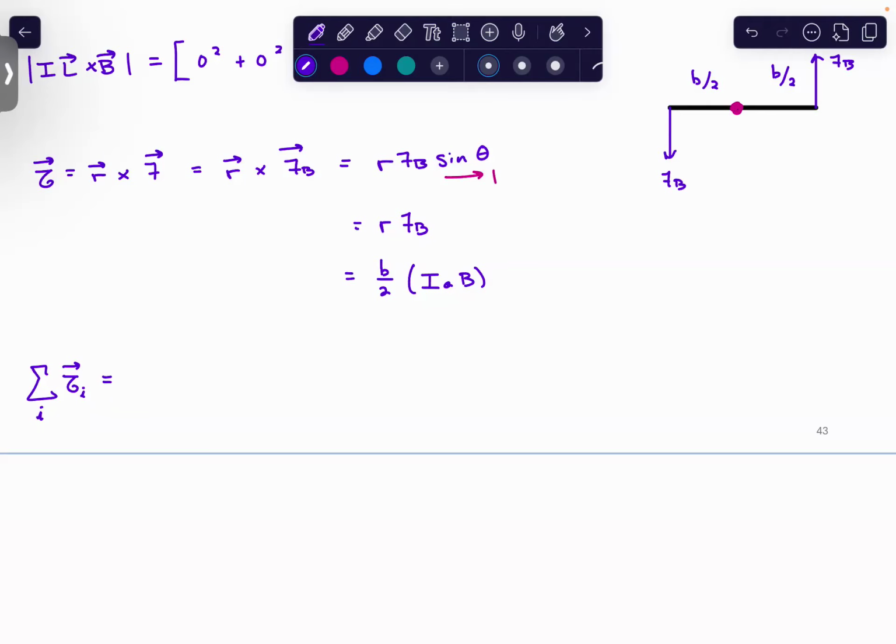So what are the two torques that are causing this rotation? Yeah, so we have the torque of side 1, torque on side 2.